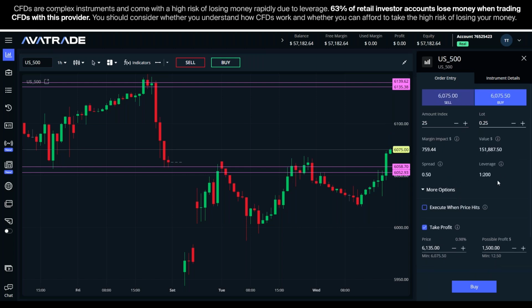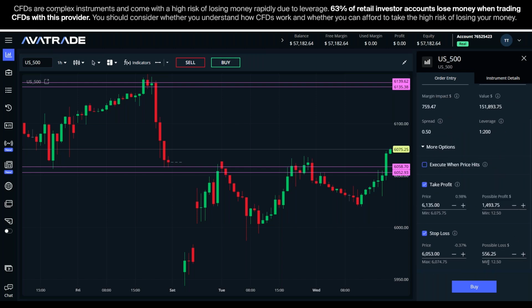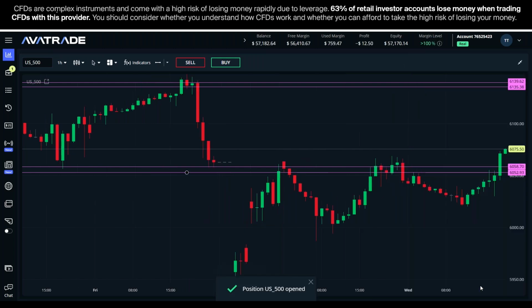So 0.25 lot size. Now I'm risking less than 1% of my balance. 1% would be about 570. So risking a little less than 1% or about 1% to make better than double that, 1,500, 2.5%, 3% going after. So then I'm all set. I make my move.